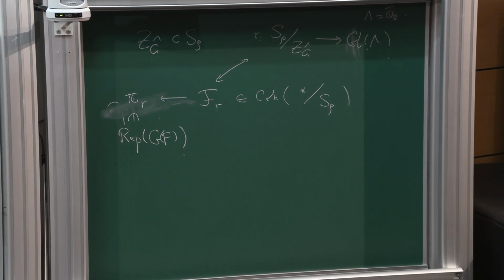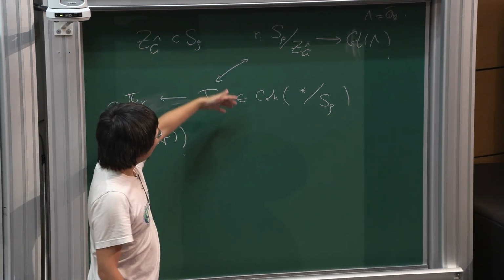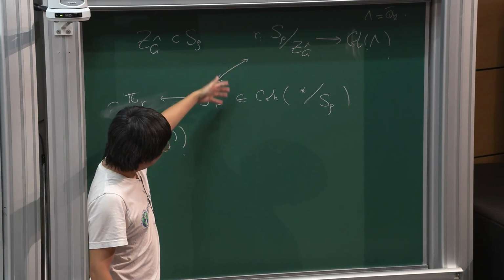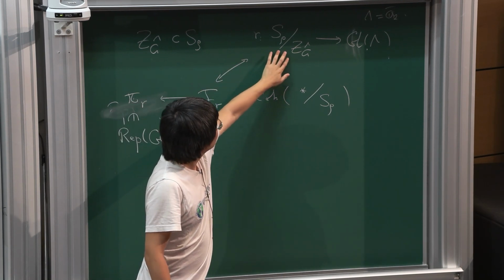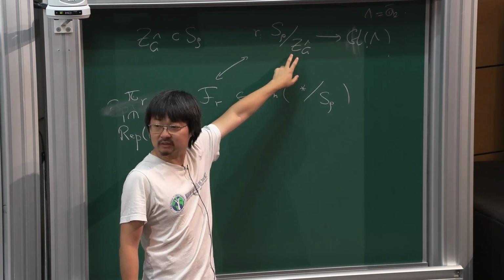But then you may ask, from this point of view, how about the coherent sheaf which is non-trivial as a representation on the center?